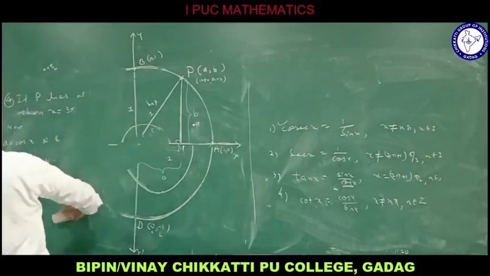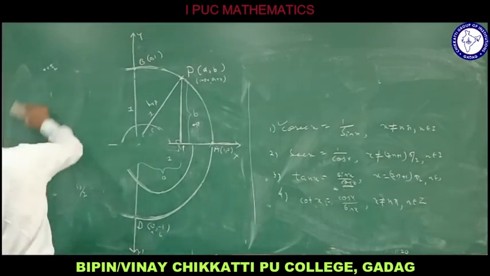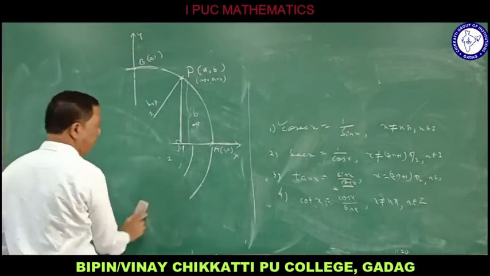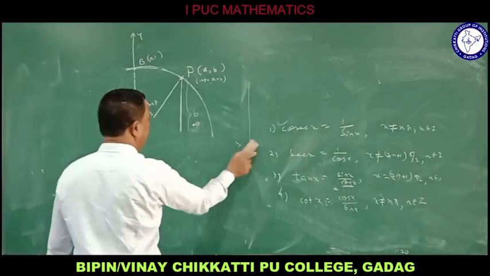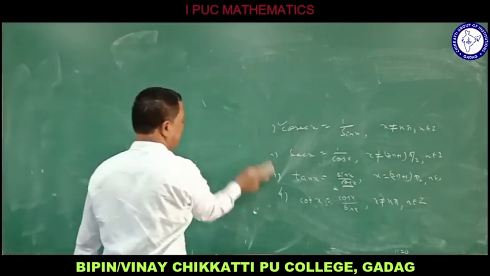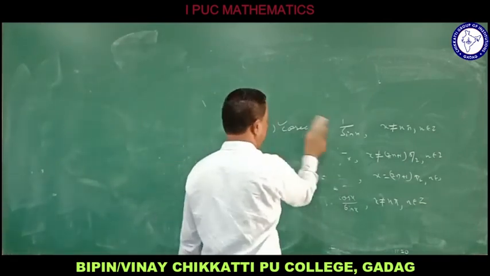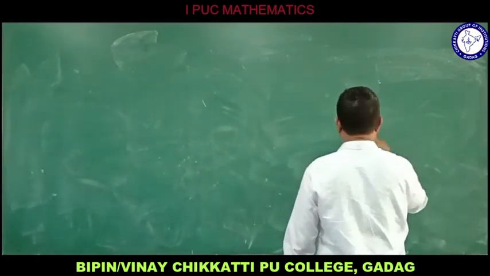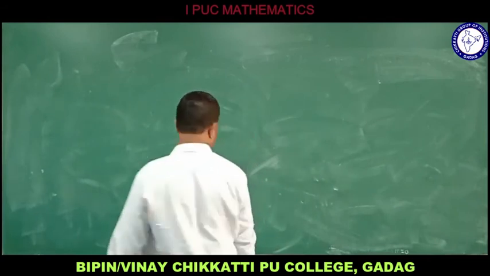Now I want to repeat one more part, that is well-known angles or standard angles. Some authors use the term standard angles, and you have discussed that part in high school.